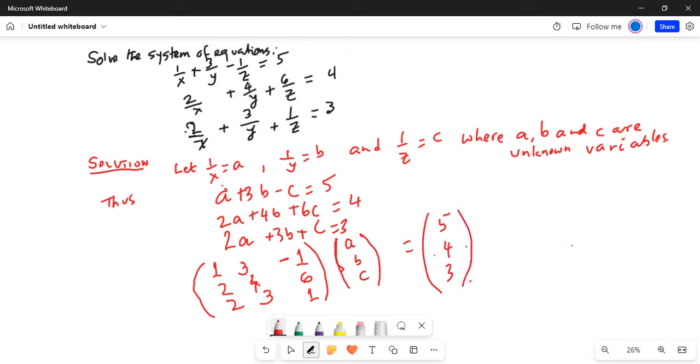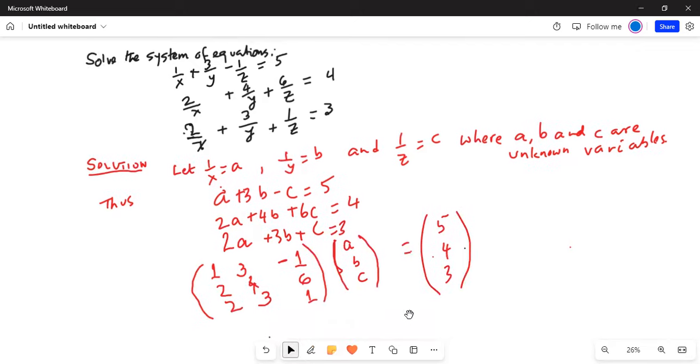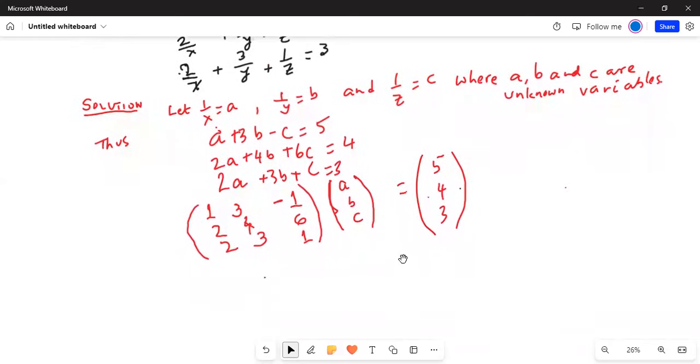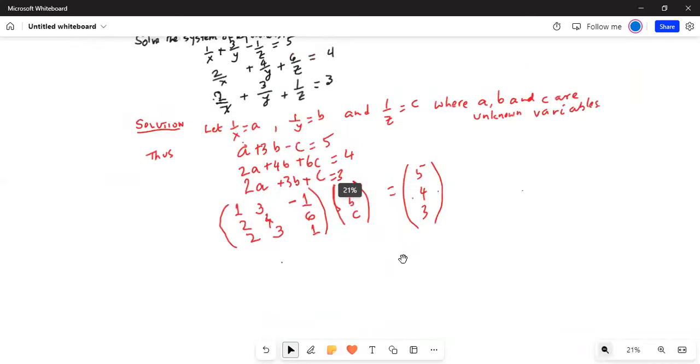So if I create some space for myself, this can be written as, okay, going back to the matrix A times, you can call this a, b, and c, maybe small a, is equal to C.